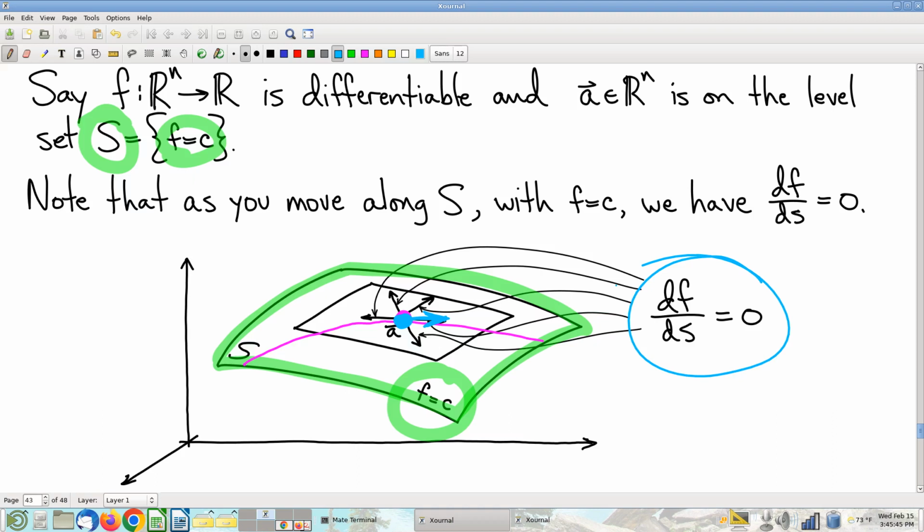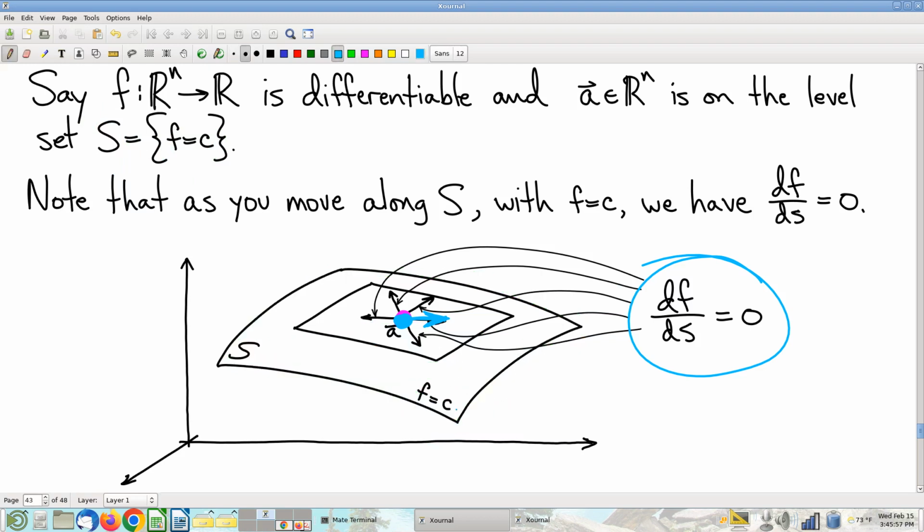Its derivative as he moves in that direction is 0, because it's constant. Is everybody happy with that? Okay. Now the thing is, why that vector? As he's moving in that direction, the dfds is 0.